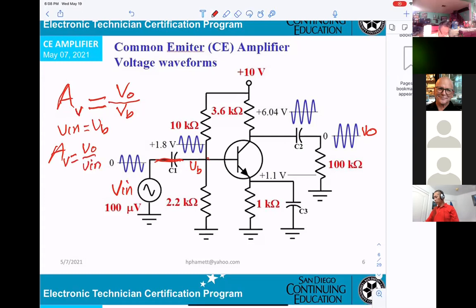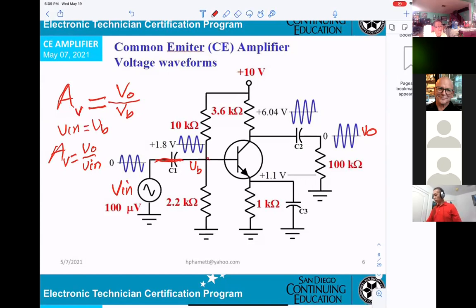The reason is V in and VB are the same. You get that? Mr. Pham, are you saying that the gain is actually V out over VB, but since V in is equal to VB, that's why we use V out over V in? Right, in this case. But basically, by definition, it has to be V out over VB.